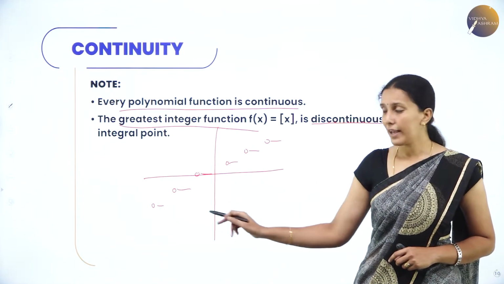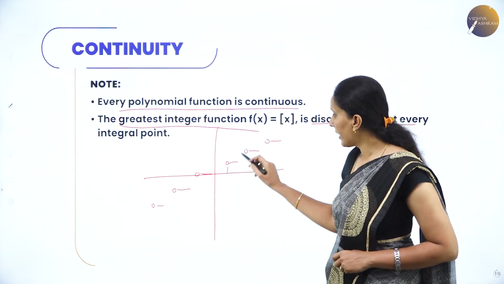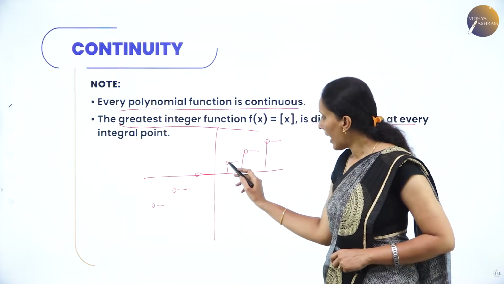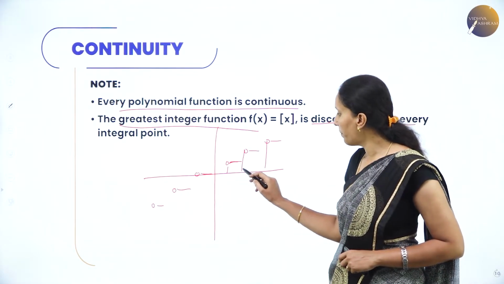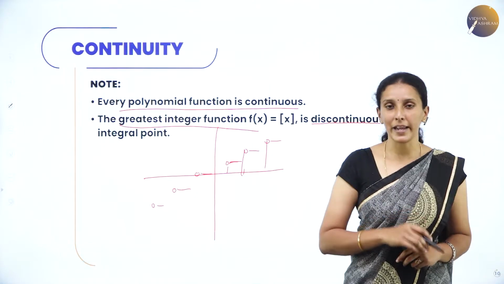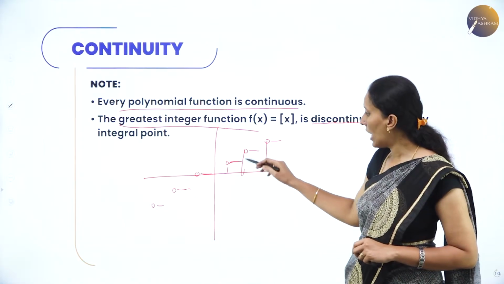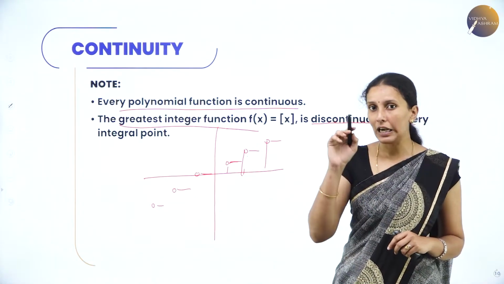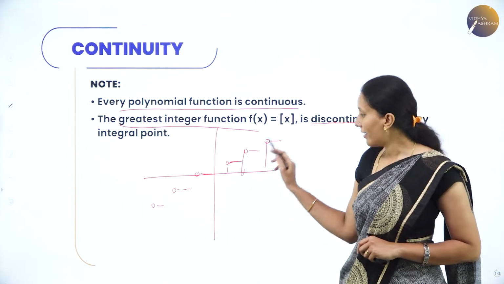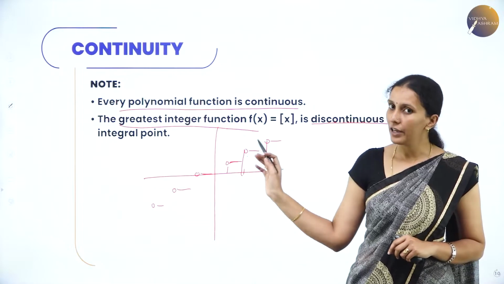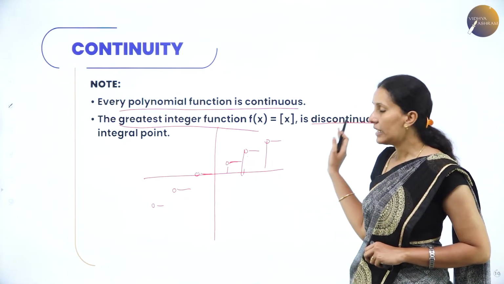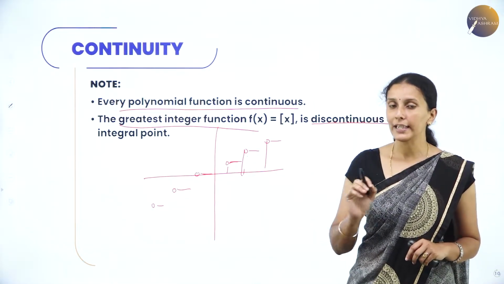Clearly from the graph you can see at every integral point it is discontinuous, and till a certain interval it is continuous, but when it comes to a particular integer it breaks. The point is shifted to another point. So we can't draw the graph without lifting the pen, and since we have many breaks here in the graph, clearly we can say it has a discontinuity at all the integral points.